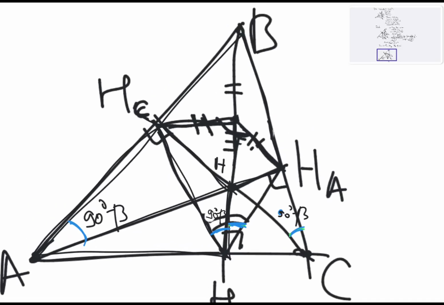Because from another right triangle, CHCB, we calculate this angle as 90 degrees minus beta as well.